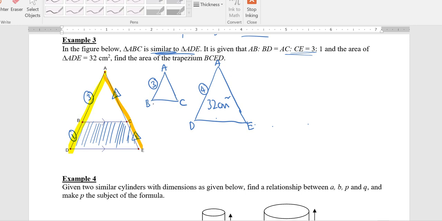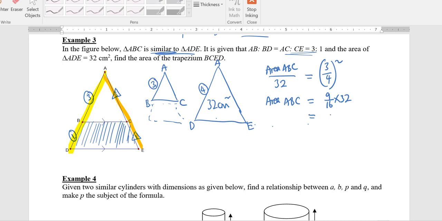Let's look for the smaller area ABC first. Because they are similar triangles, I'm going to use my similar area ratio and take a corresponding length, 3:4, and square it. Therefore, the area of ABC is 9/16 times 32, which is 18 cm squared.